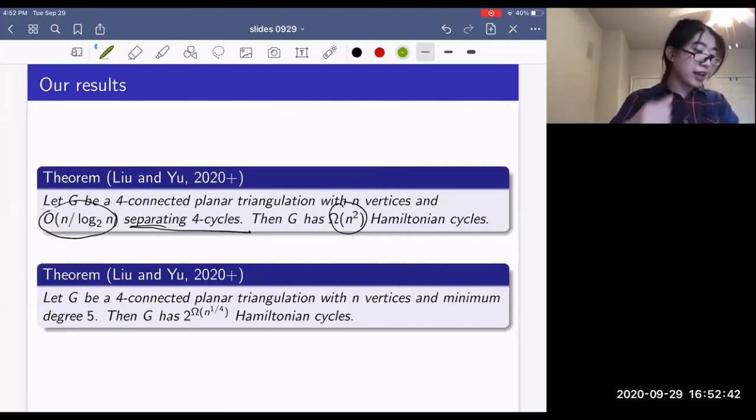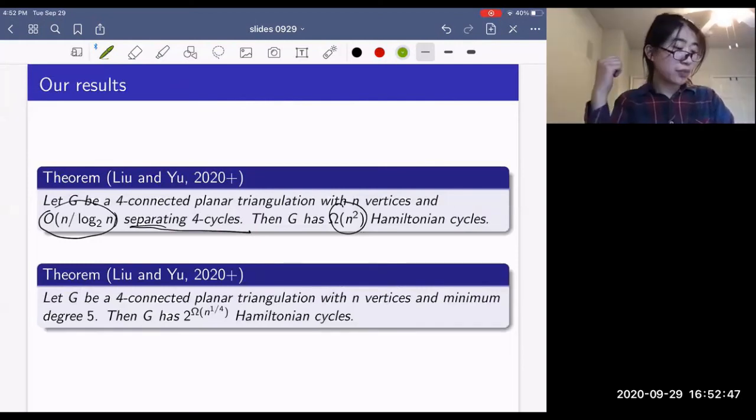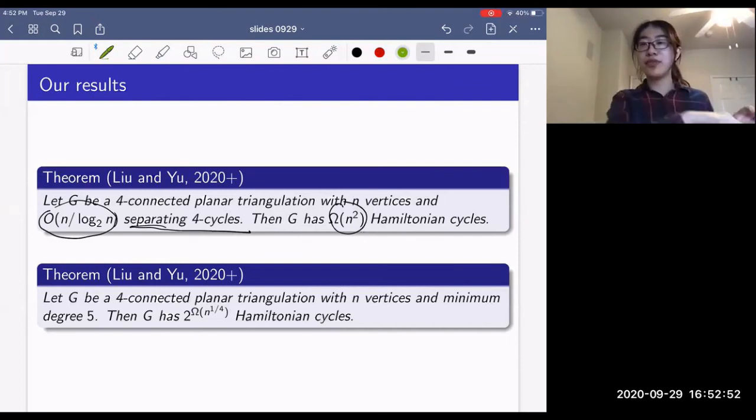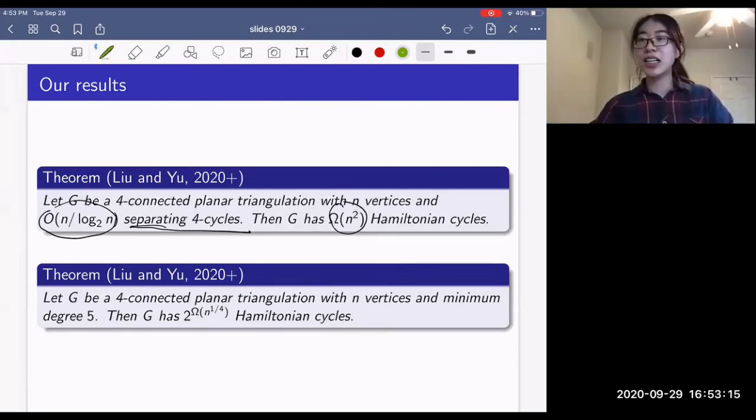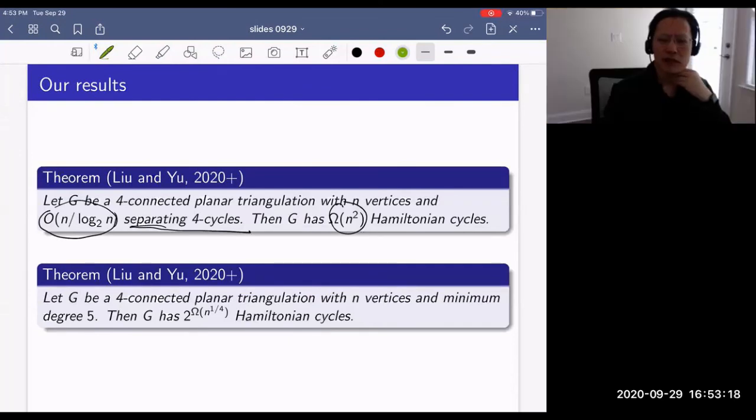So we want to see if we can still have the same result for 4-connected triangulations in the projective plane, if G can be embedded in a projective plane. The existence of a Hamiltonian cycle in a 4-connected projective planar graph is known, so it makes sense to extend it to the projective plane.